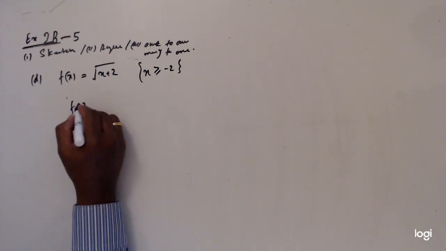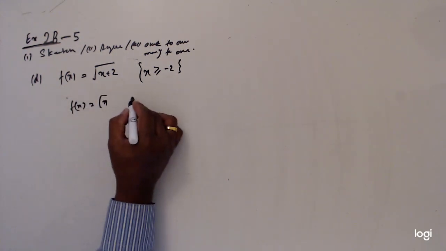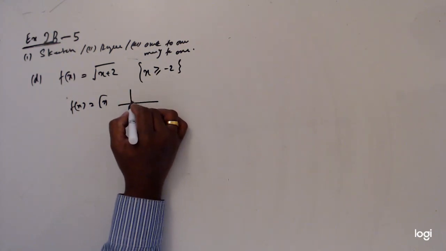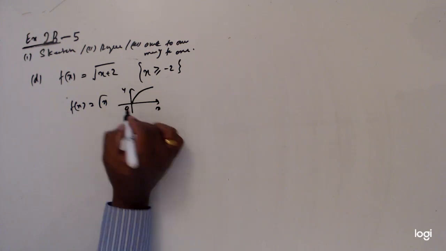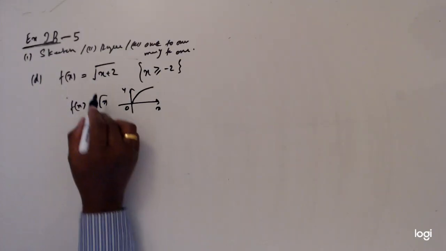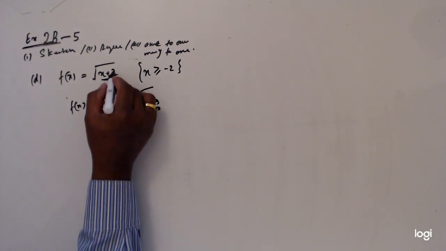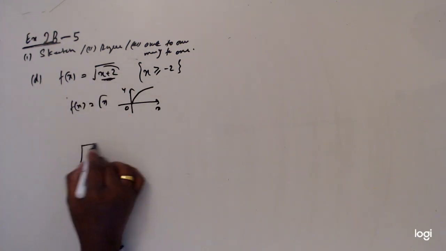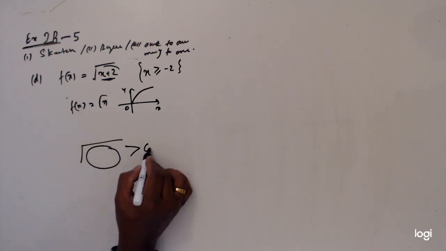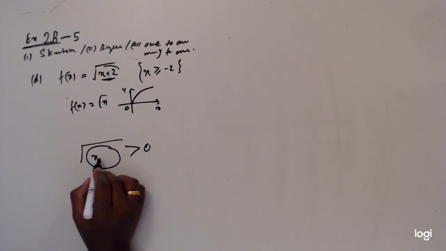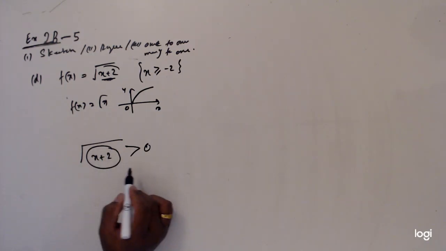Square root x, this is the graph starting from 0. Then what will happen? x plus 2. So we know that this is the square root, so this value should always be greater than or equal to 0. So x plus 2, what is the minimum and maximum you can take?